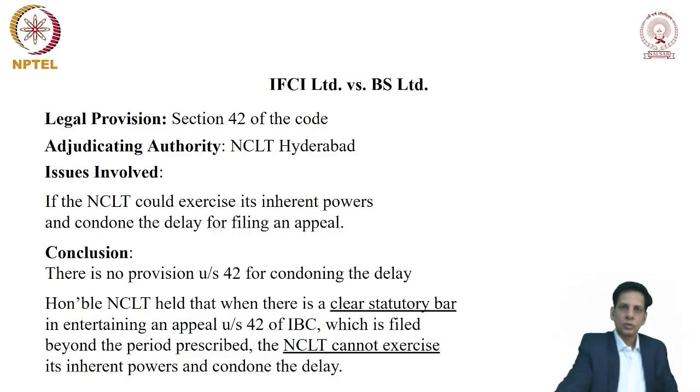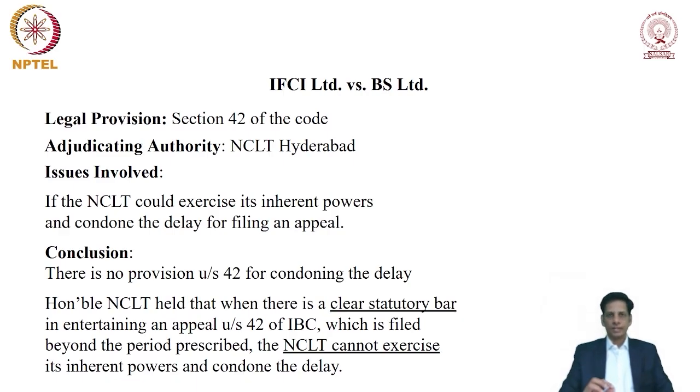But in case you have delayed this appeal, let's say by 10 days, and you go to NCLT to make an appeal, obviously your appeal is delayed. Now, can you seek condonation of delay? Is there any specific provision in the section for condonation of delay? If there is no such provision, can we assume that NCLT has an inherent power to condone the delay?